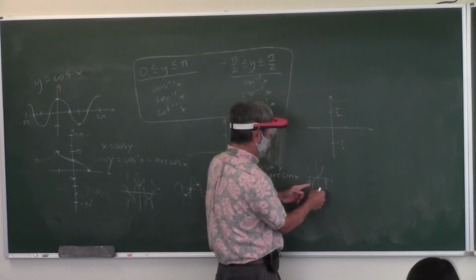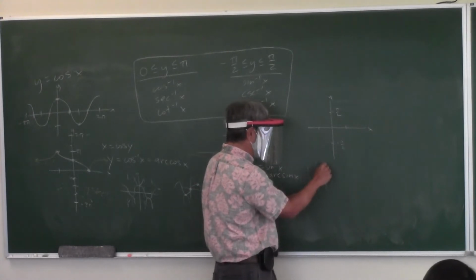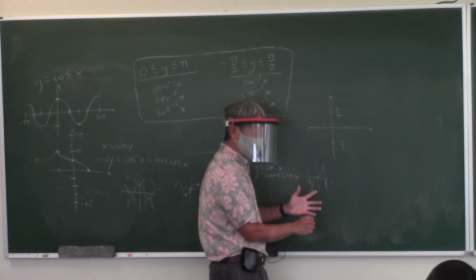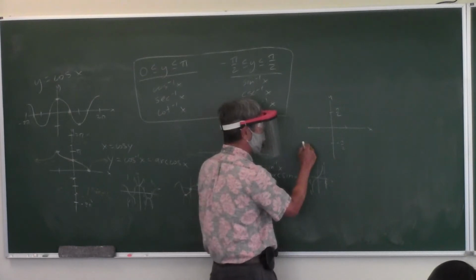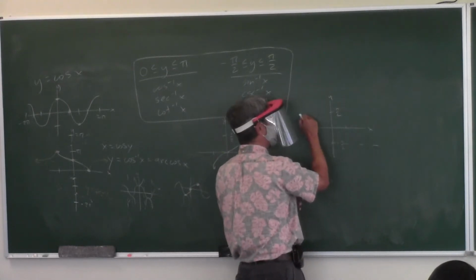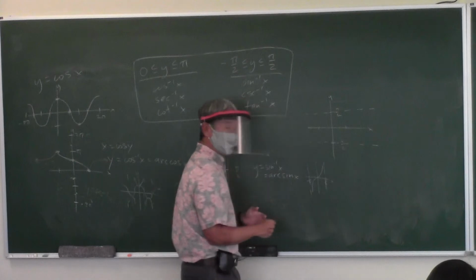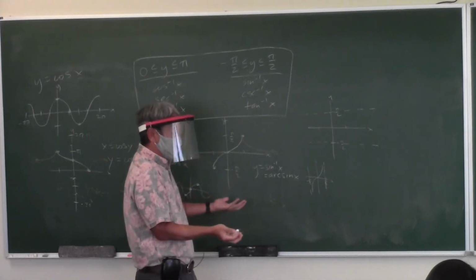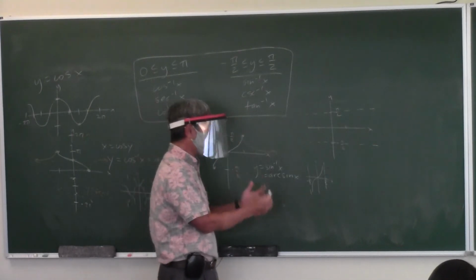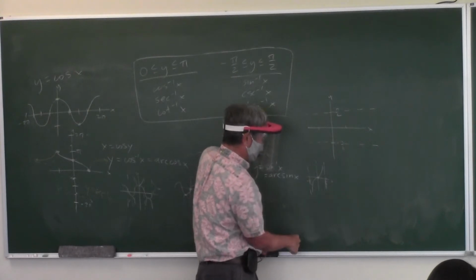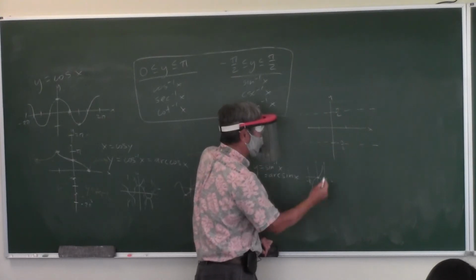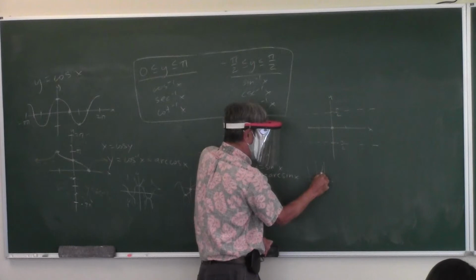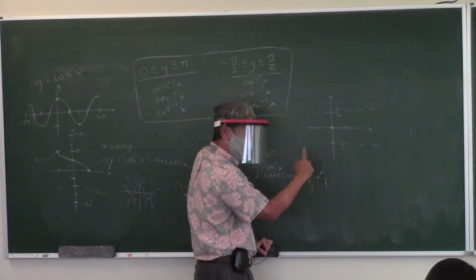Okay, now, if x equals negative pi over 2 and x equals pi over 2 are asymptotes, then if you switch the x's and y's, wouldn't it be y equals negative pi over 2 and y equals pi over 2? That's what an inverse is. You switch the x's and y's. What is this point? 0, 0. Switch it. What is this point? Pi over 4, 1.